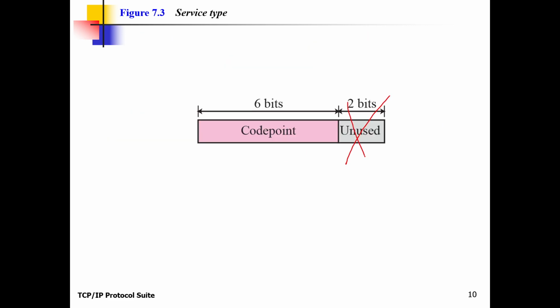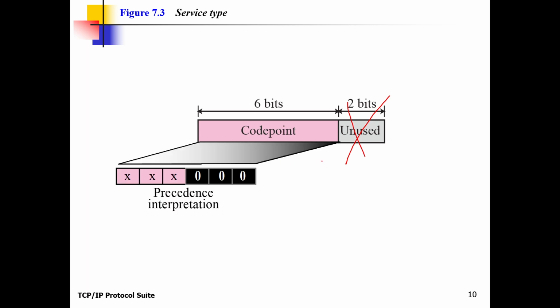Two are not used. So how much do we have to check? The code point in the first section in here, right? I'm sure there's a map for it. So let's look for the map.